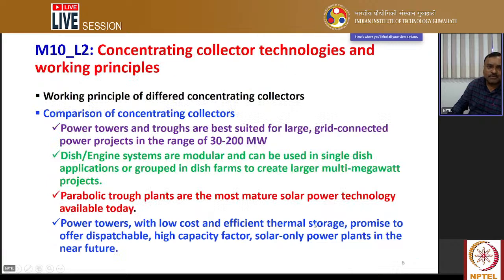In Lecture 2 of Module 10, concentrating collector technologies and working principles were discussed. Also we have compared the concentrating collectors: power towers and troughs are best suited for large grid-connected power projects in the range of 30 to 200 megawatts.